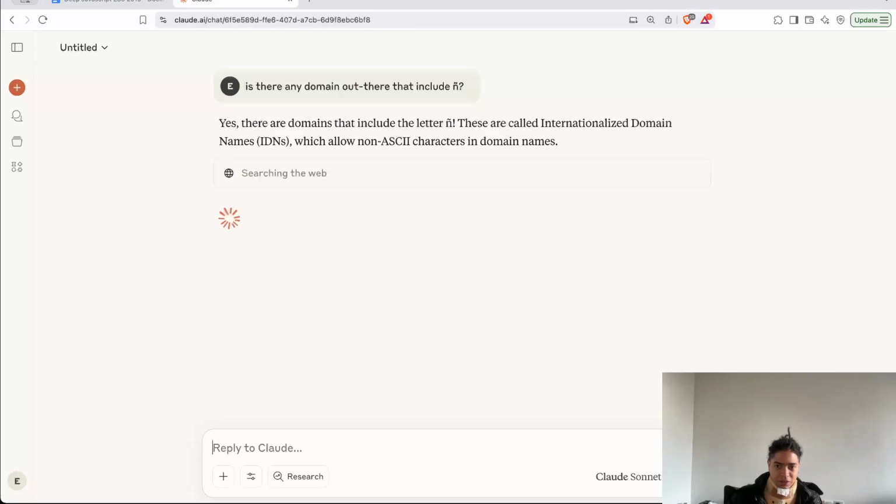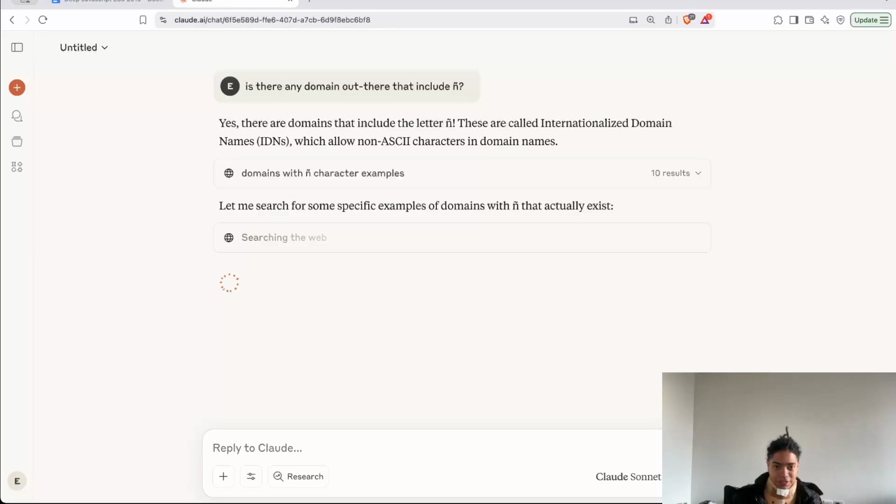These are called internationalization domains, which allow non-ASCII characters, right?